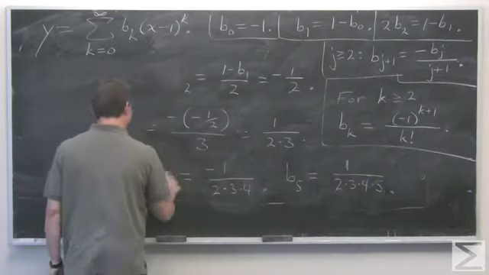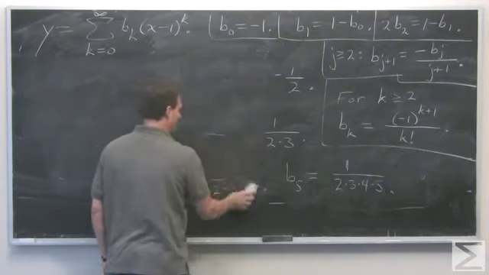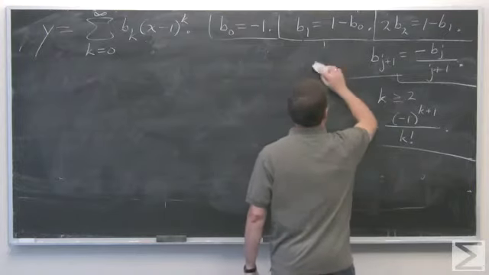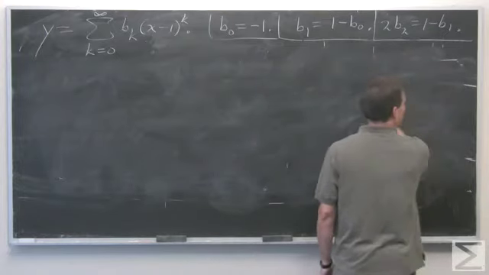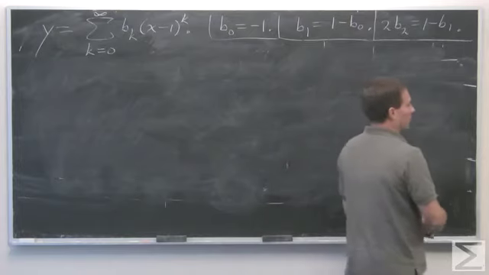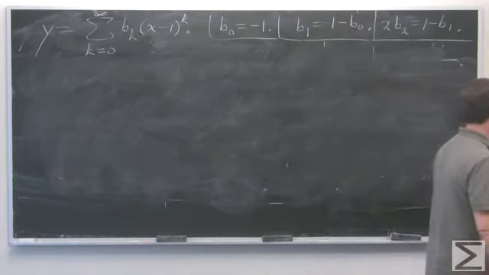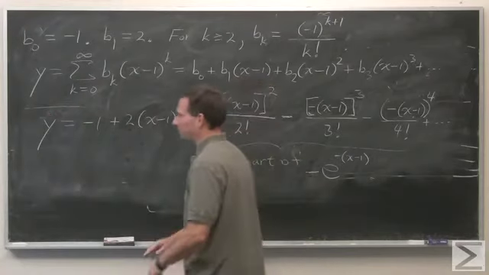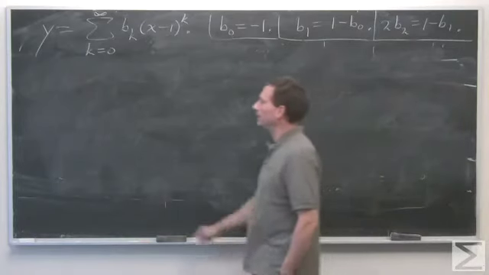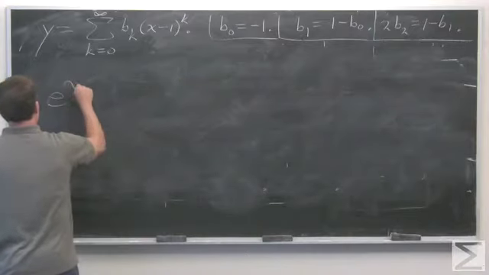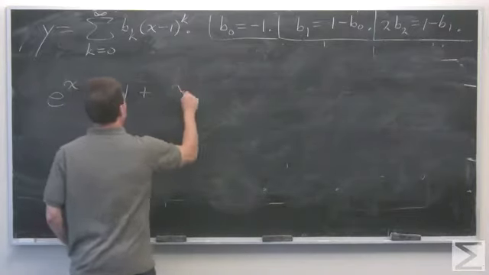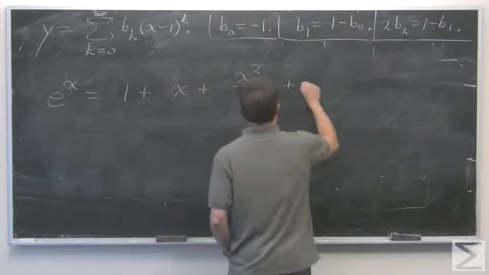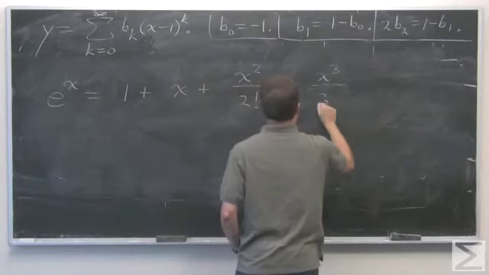Not that you need to find a nice closed form for the answer in most problems. In most problems it would be too difficult to do. But it's not too difficult here. The other 2 terms that we would need to add: e to the x looks like 1 plus x plus x squared over 2 factorial plus x cubed over 3 factorial.